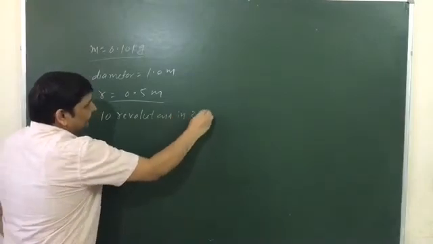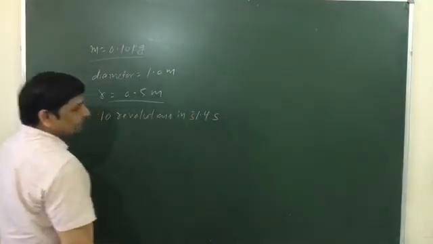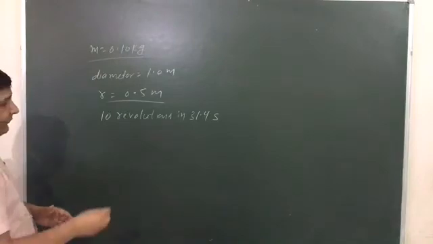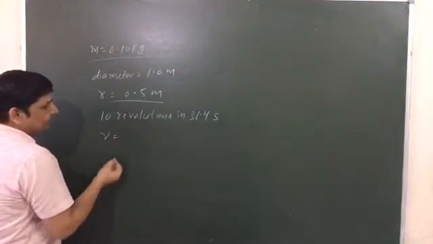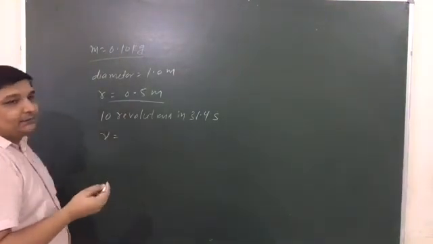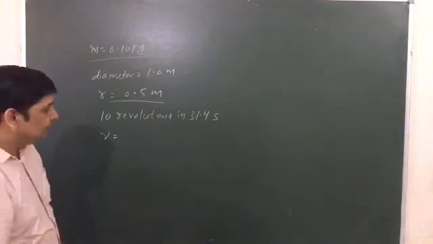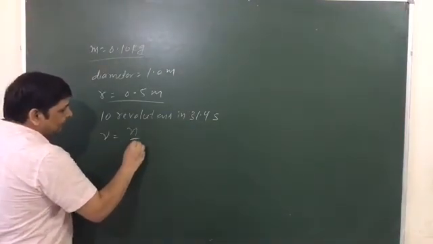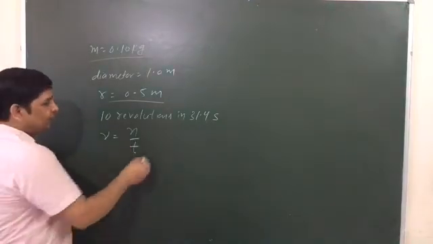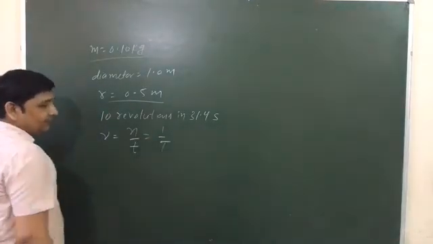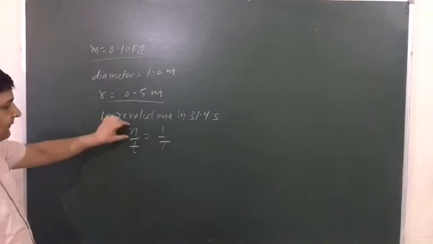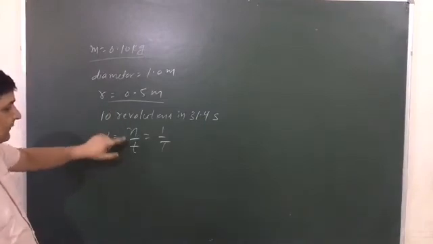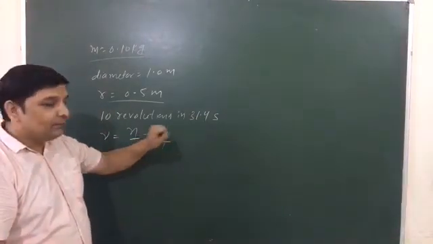We know that frequency means number of complete revolutions in 1 second, and frequency is given by n by t, or 1 by T. N means number of revolutions, t given time.